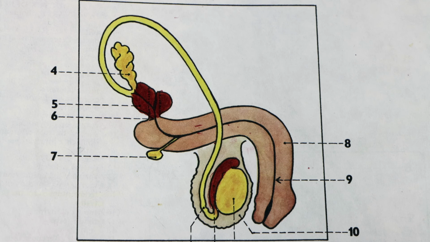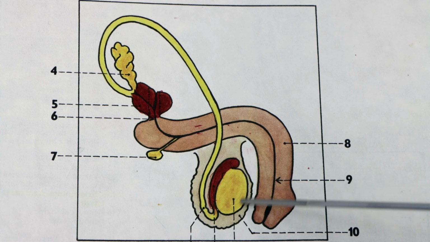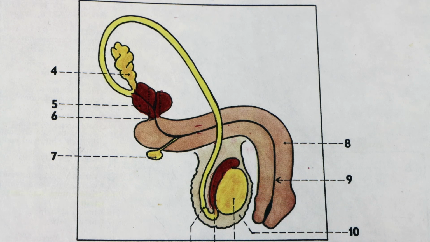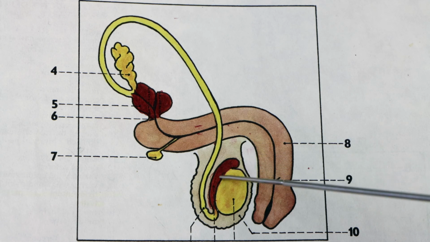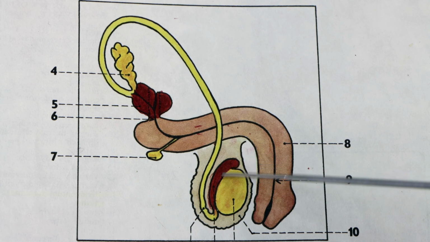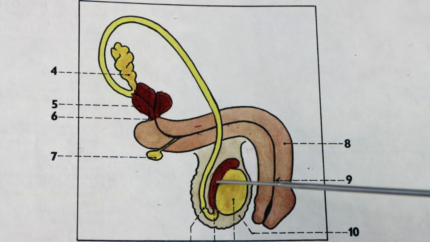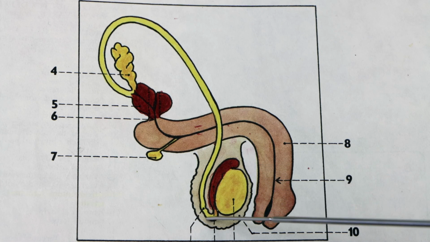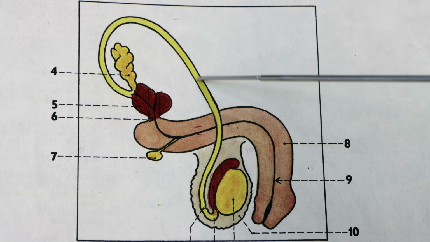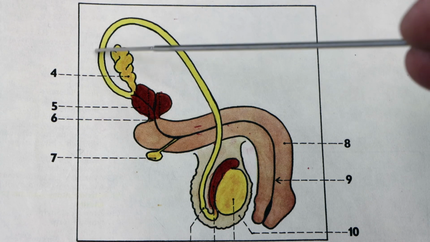The internal male genital organ starts with the testicle or testis, which is the main gland and produces the sperm. Then the epididymis, whose function is the storage of the sperm. Then it continues as the deferent duct or ductus deferens.